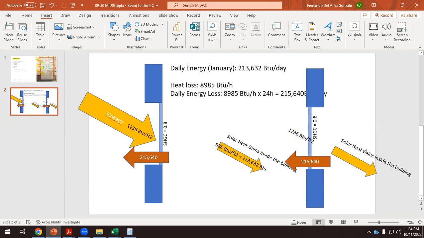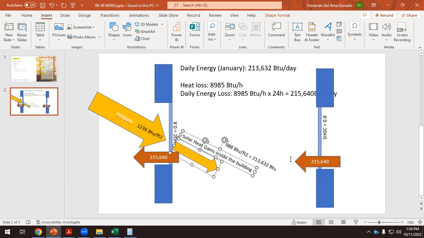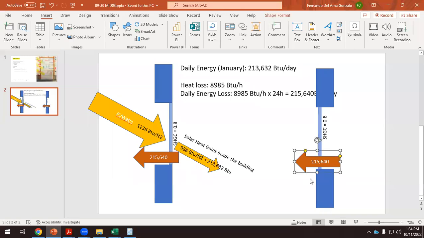And these gains, we don't have them. All this belongs to this. And this arrow is in the other direction.